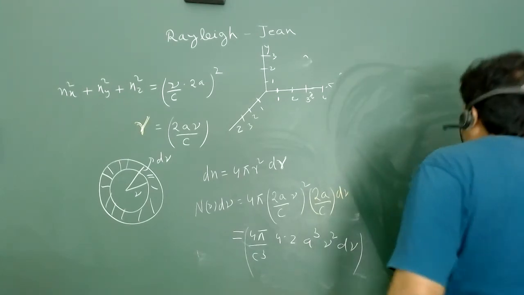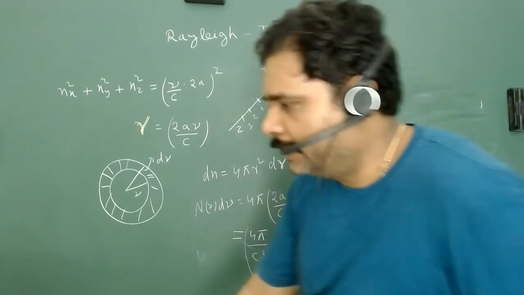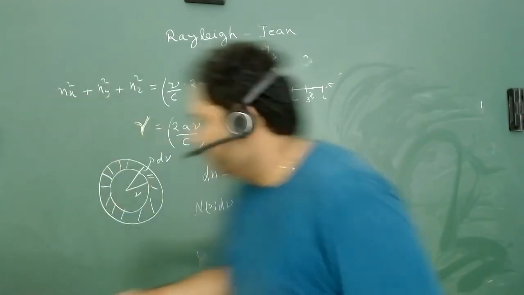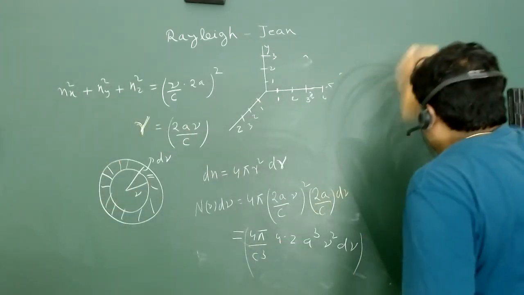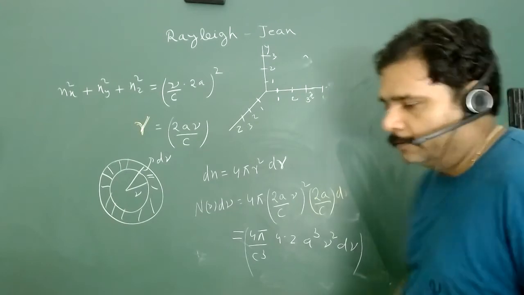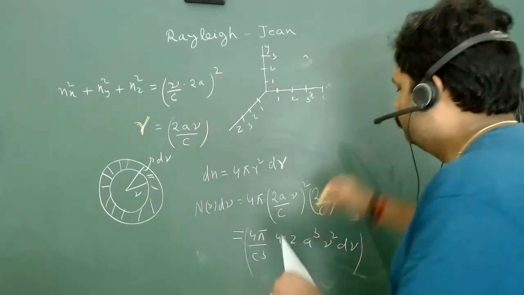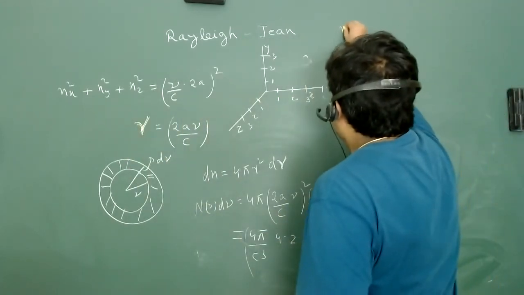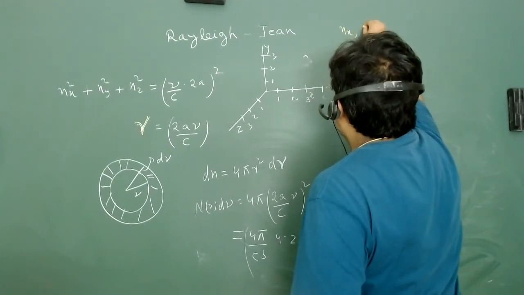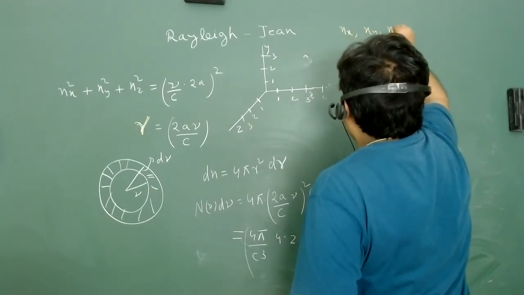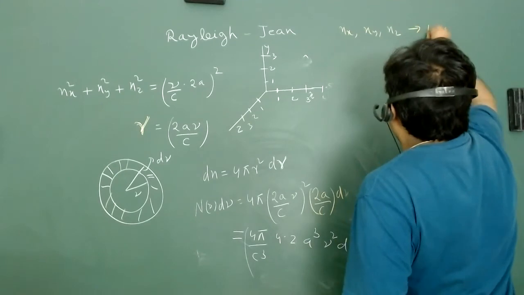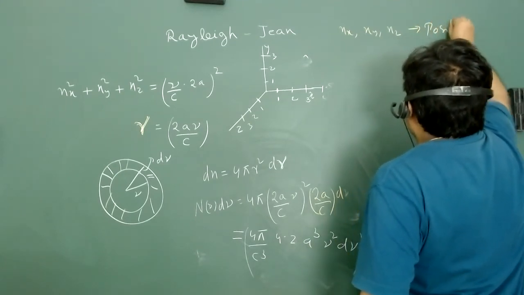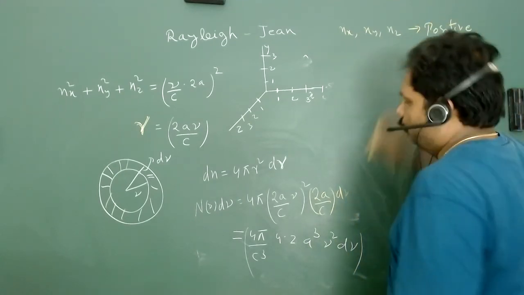So what we have basically, nx, ny, nz are the positive numbers. So we are just using that nx, ny, nz is only positive number because they are the allowed values.